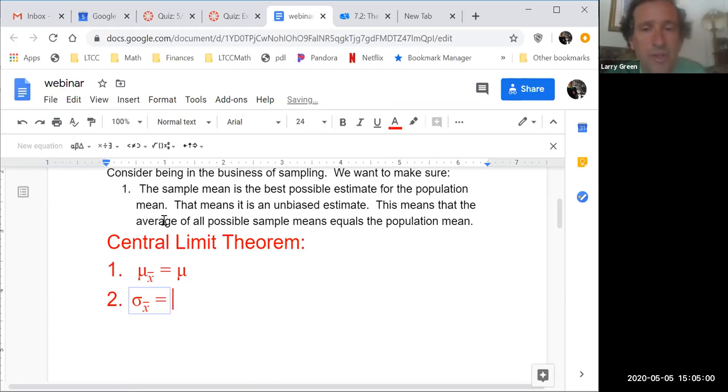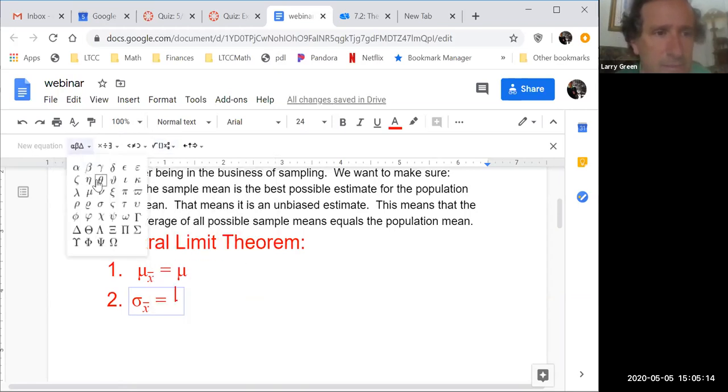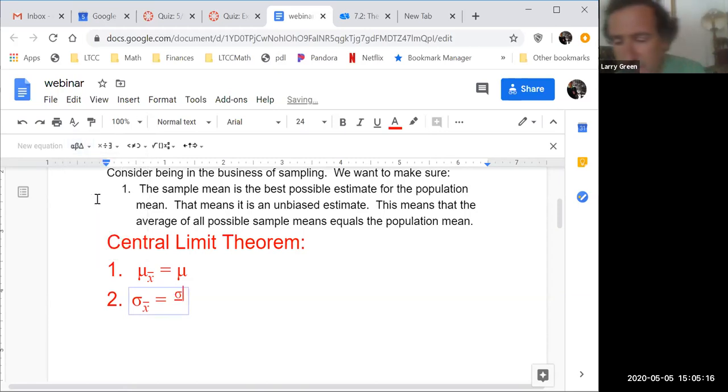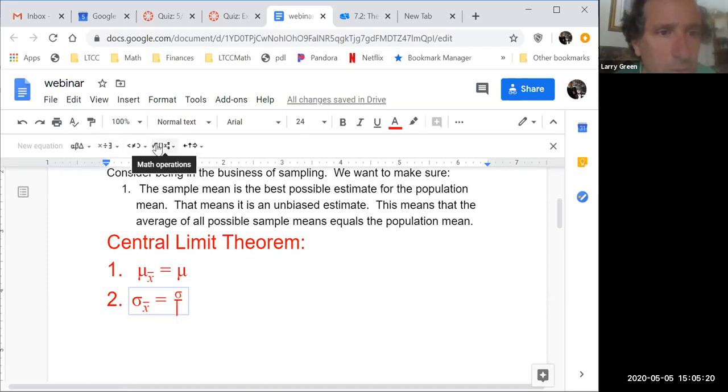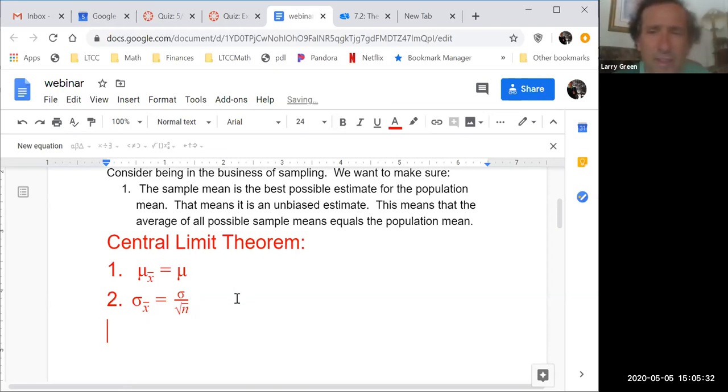It is equal to, turns out it's not equal to sigma, and that's a good thing, and we'll see that all the way through this quarter. It's actually equal to sigma divided by the square root of the sample size.